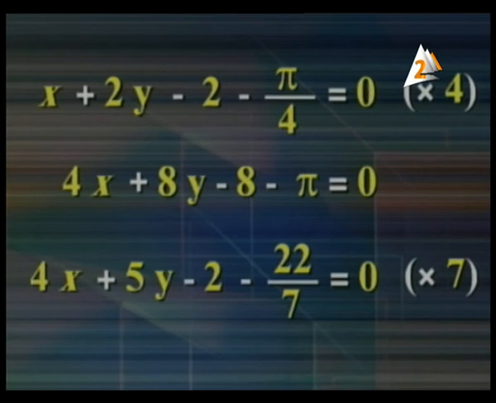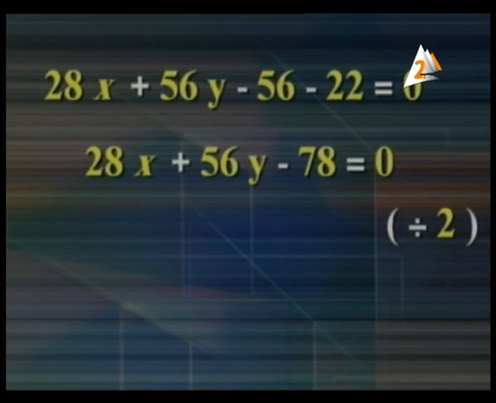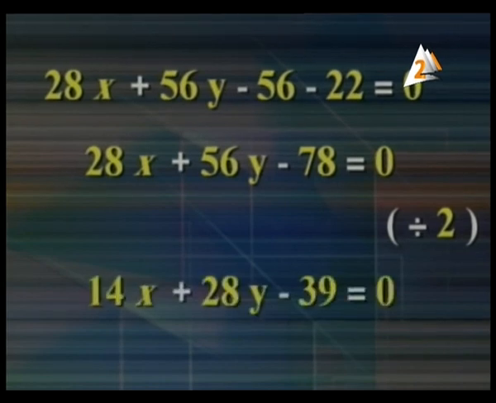By substituting pi equals 22 over 7 and multiplying by 7 in each term, the equation becomes 28x plus 56y minus 56 minus 22 equals 0. The answer is 28x plus 56y minus 78 equals 0, divisible by 2, giving 14x plus 28y minus 39 equals 0. This is the equation of the normal of the curve.